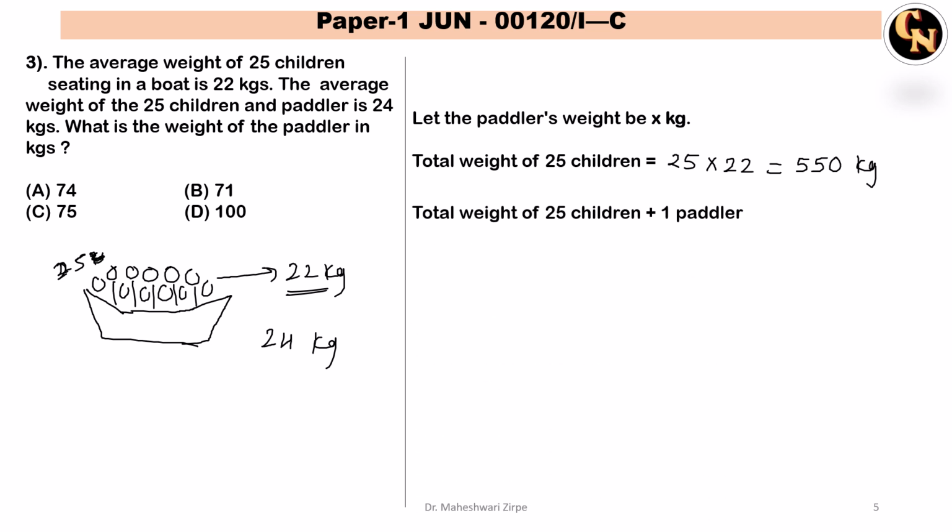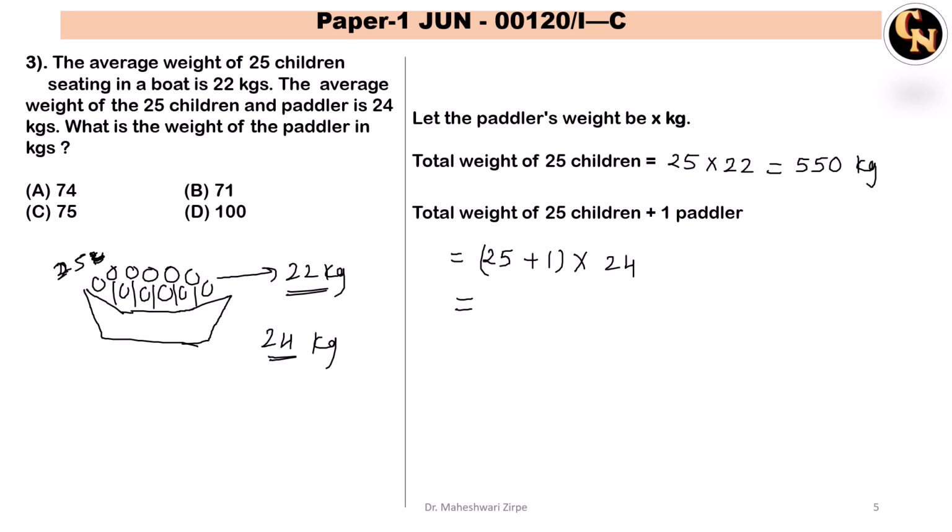Total weight of 25 children and one paddler. So the total weight of 25 children plus one paddler will be equal to 25 plus 1, into 24, because 24 is the average weight along with the paddler.